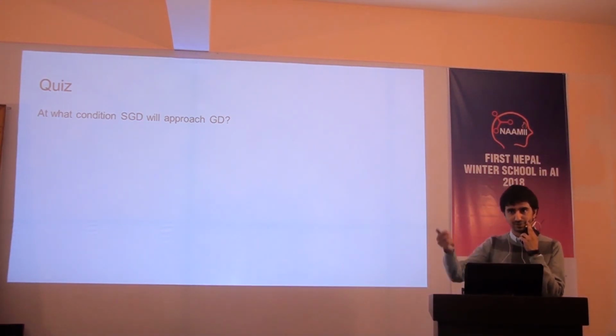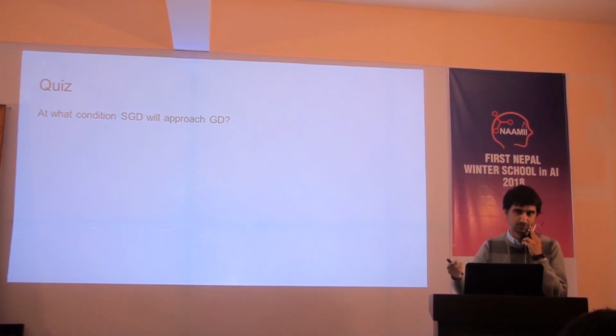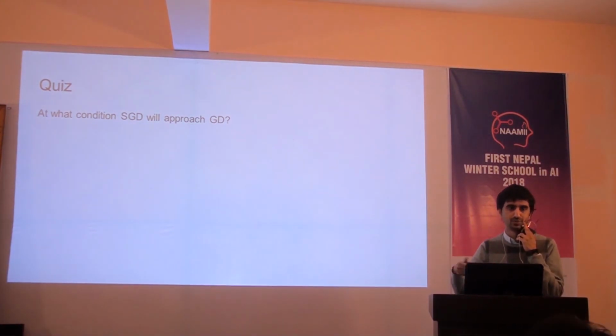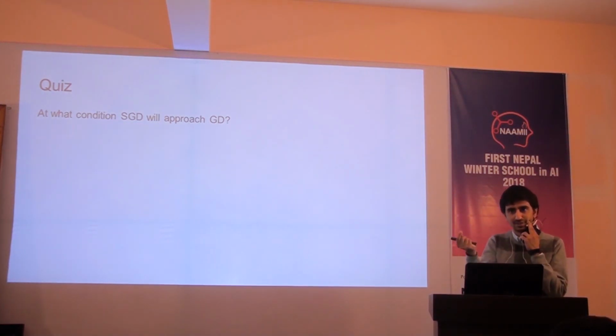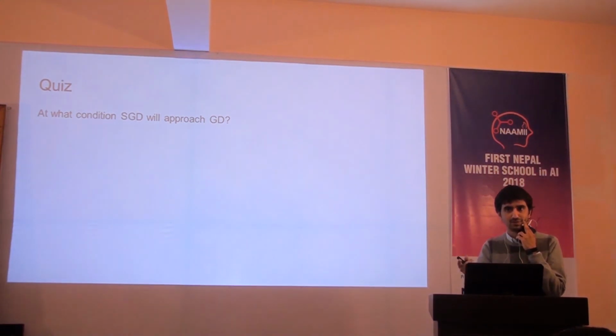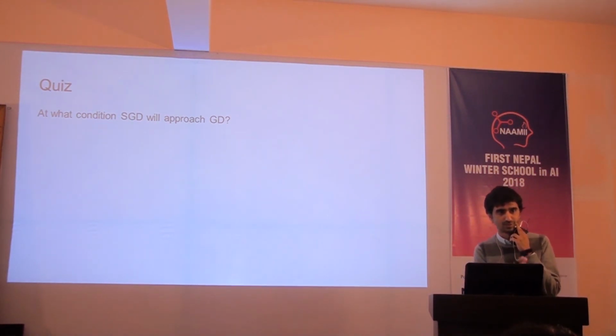When you do one round, what you call one epoch, which means you go through all your data once, then your step size is practically 0. Then it's like you're doing one round of gradient descent, right? One epoch of stochastic gradient descent will be like one iteration of gradient descent, because your step size is, let's say, 0.